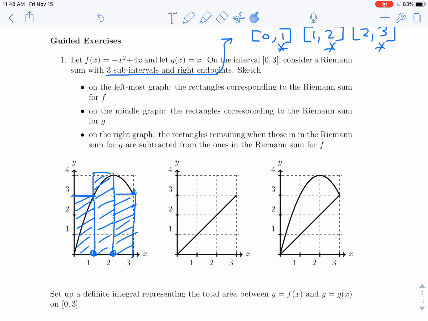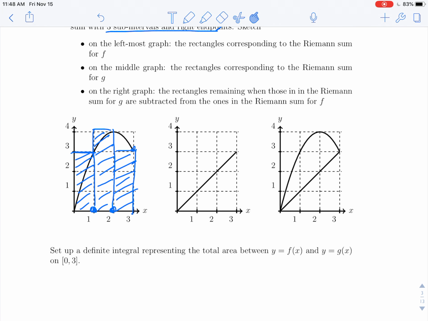The second bullet point says on the middle graph, sketch the rectangles corresponding to the Riemann sum for g. Okay, still using 3 subintervals, right endpoints. So mark my first right endpoint, make my rectangle, mark my second endpoint and make a rectangle, mark my third endpoint and make a rectangle.